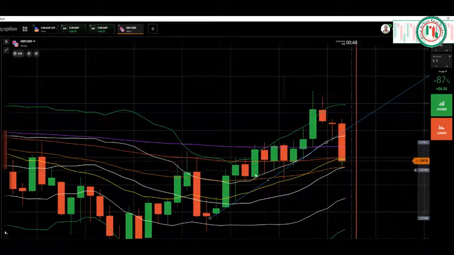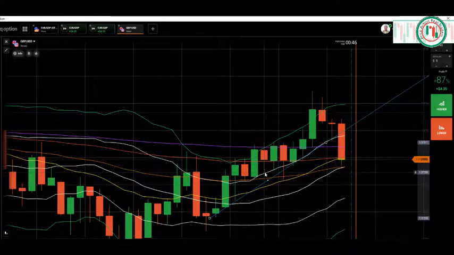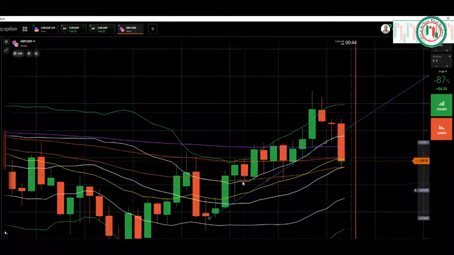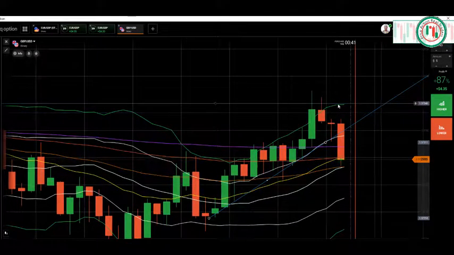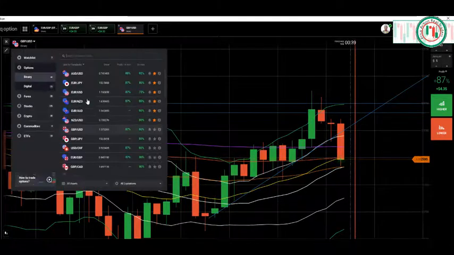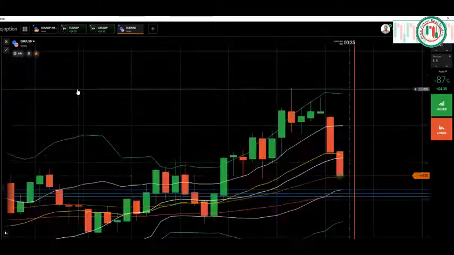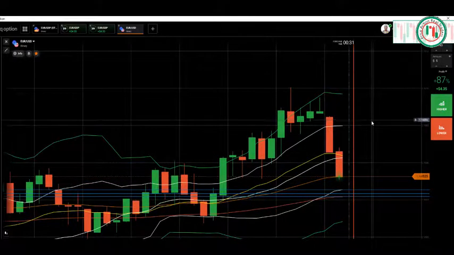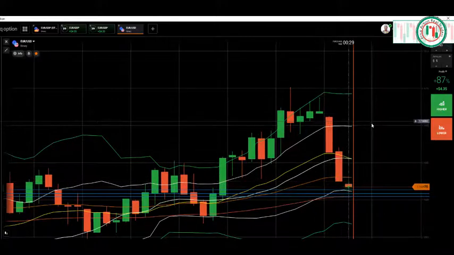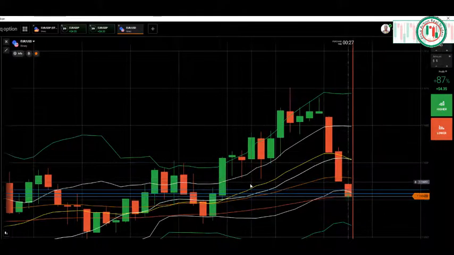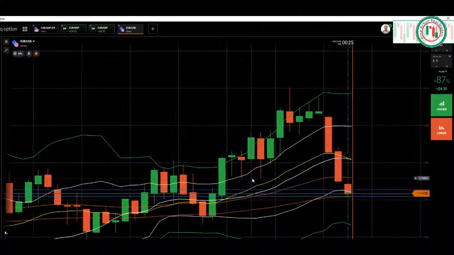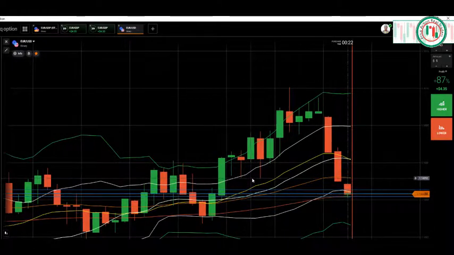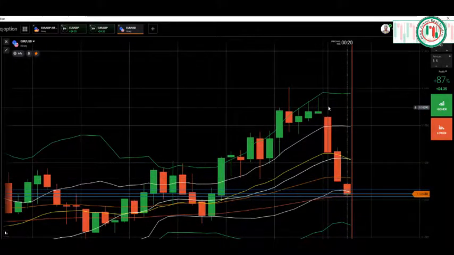Let's change to another one. This one is not nice. Okay, maybe here we can take our trade. Here we can take our trade, even though you see the gap down, breakout.